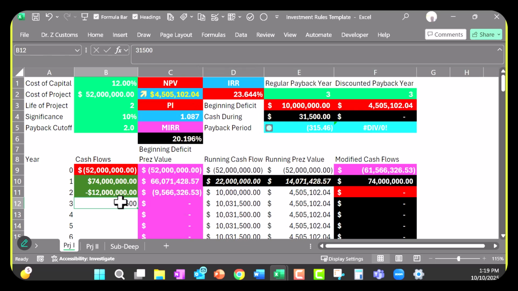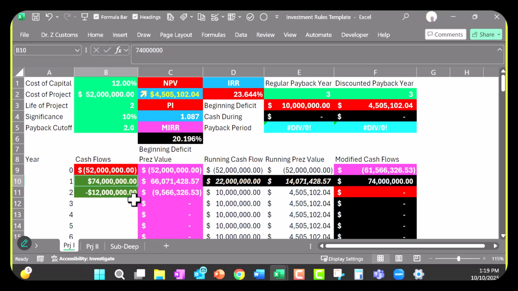Now, this is an example of non-conventional cash flows. Non-conventional means at least one of the future cash flows is negative.